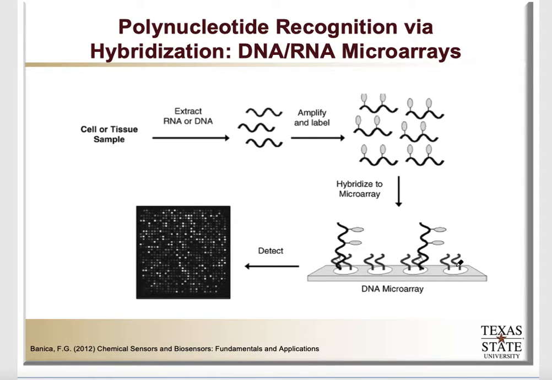So if we know the sequence of the target, then we can put a good capture probe to enable them to hybridize and be captured and immobilized onto our array. After that, you detect the fluorescence from the sample. The spots where you do get fluorescence mean that you have the complement to your capture probe. From there, you can collect and analyze the sample and determine what nucleic acid sequences were found, etc.